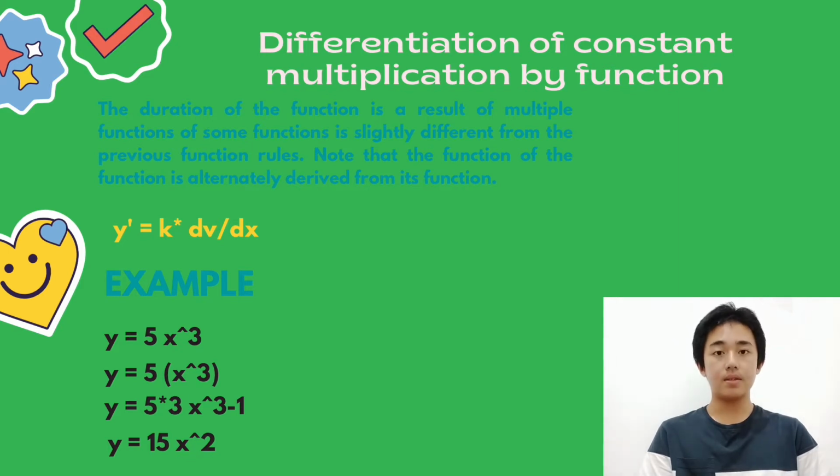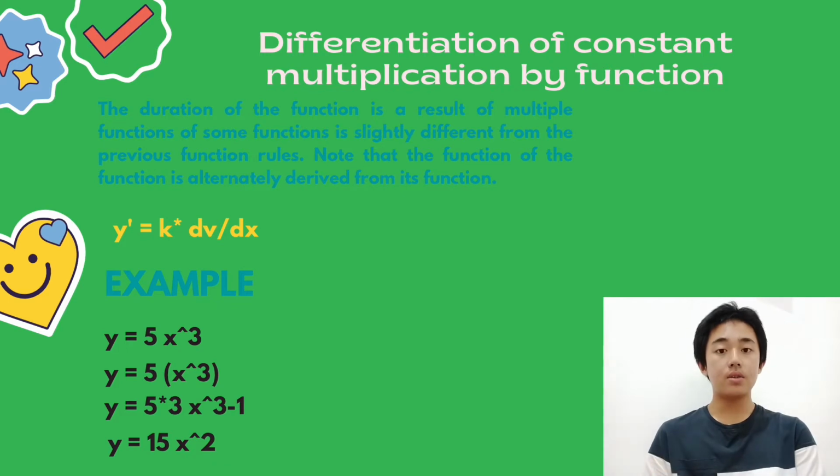So the example is y equals 5x cubed. First thing to do, we separate them apart: 5 and x cubed. First, we derive the x cubed, so we bring down the 3 and times it with x, 3 times x, and what's left is the power 3 minus 1, so it gives us 3x squared.